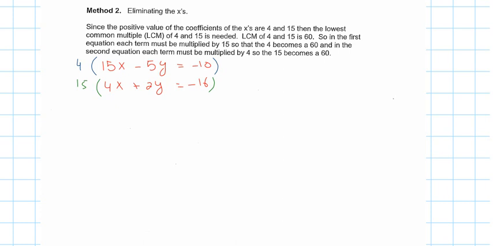Because now if I multiply 4 by 15, what am I going to get? That's right. Because 15 times 2 is 30, and twice 30 is 60, right? So that's going to give me 60x, and that's going to give me minus 20y, equals negative 40.